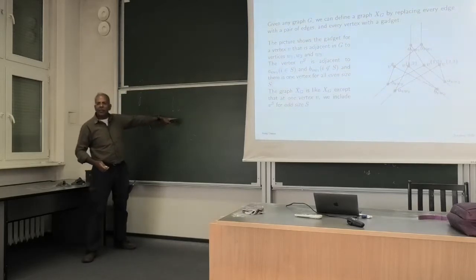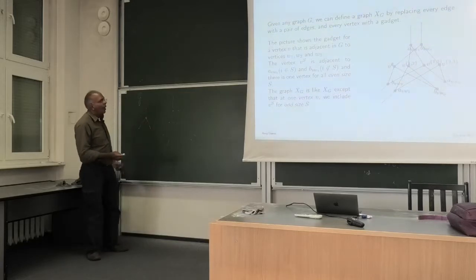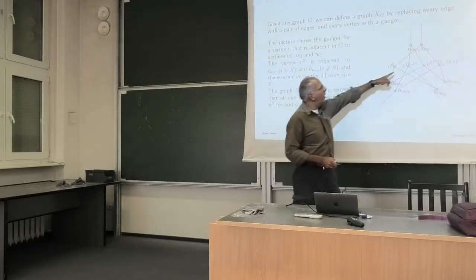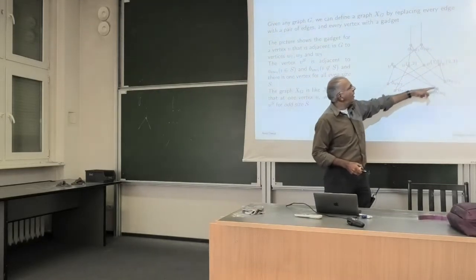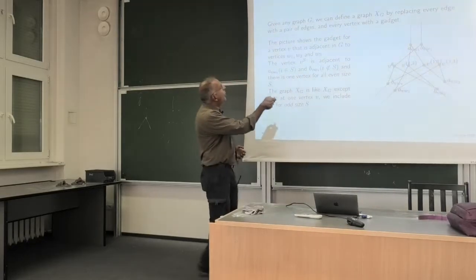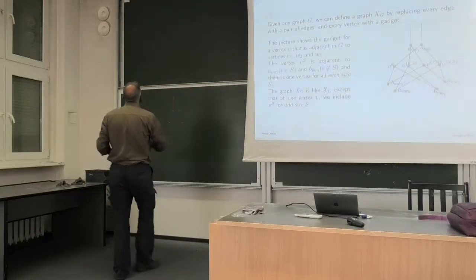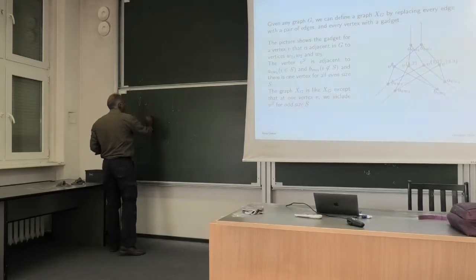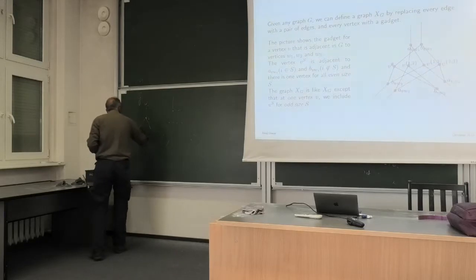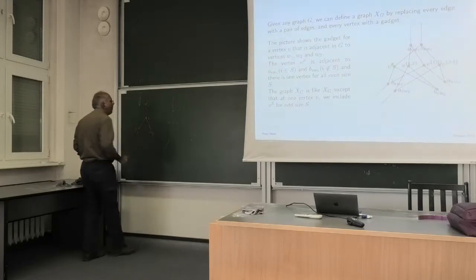If there was 5, there would be 16 in the middle over here. Why? There is one vertex in the middle for every even size subset of the 3 edges. Right, so I'm calling the 3 neighbors of V in the original graph W1, W2, and W3, and this is V.